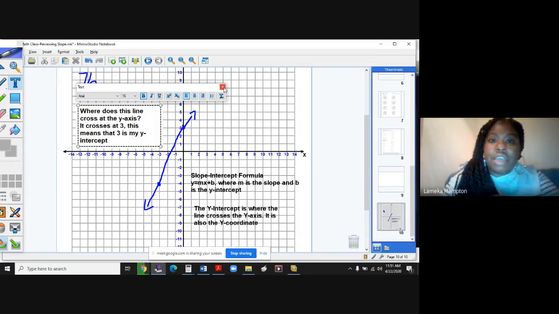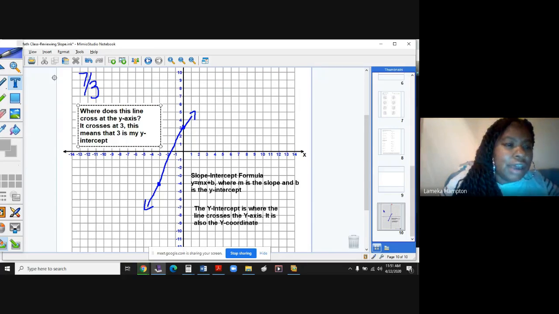Okay. So because my line crosses the y-axis at 3, that is going to make 3 my y-intercept.